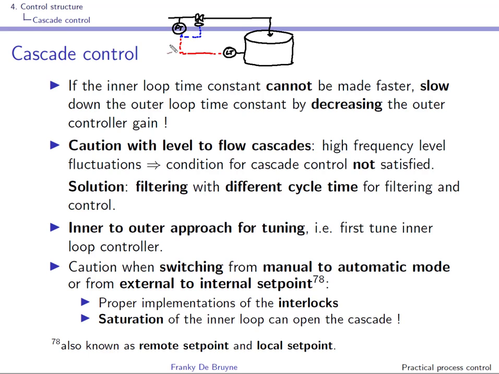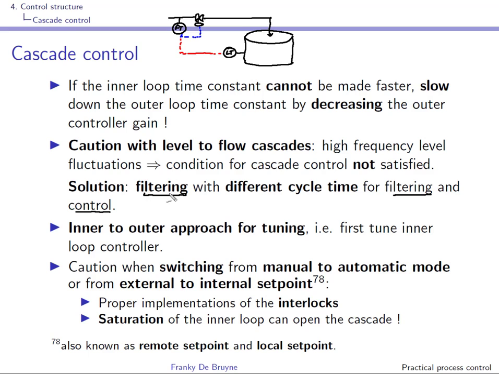So you will have set points that will fluctuate with high frequency content, and this flow controller might not be able to follow. So what you'll have to do is, of course, filter the level, right? And you can run the filter with a smaller cycle time than the level controller.